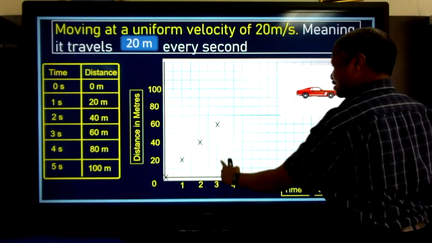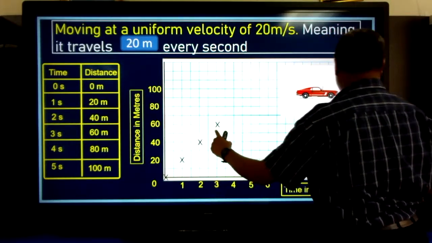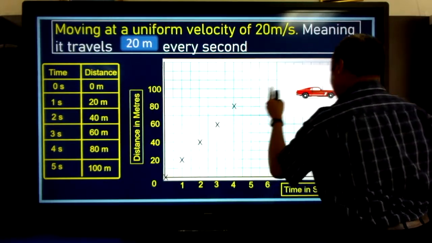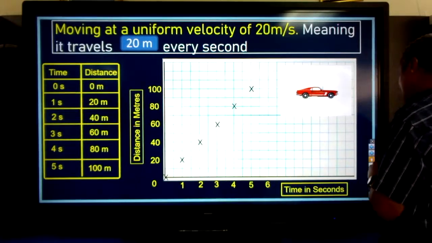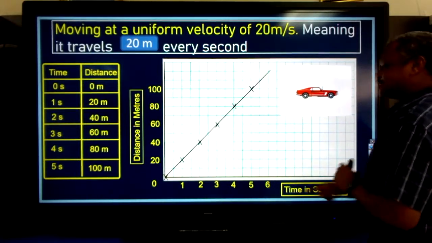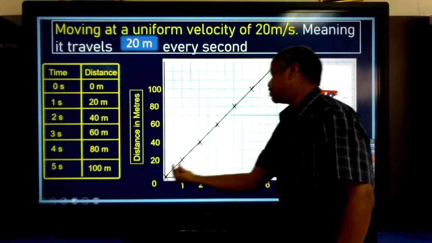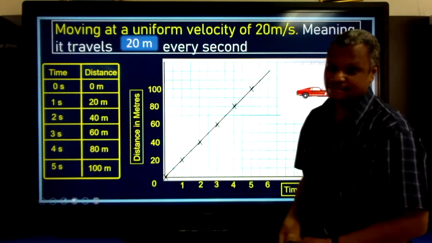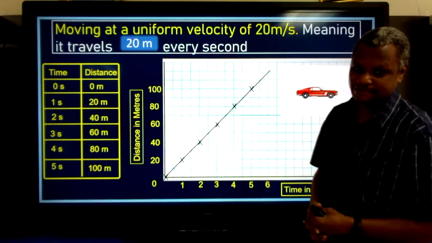At 3 seconds, a distance of 60 meters. As you can see, it makes a straight line. When you join the initial to the final position, it forms a straight line.